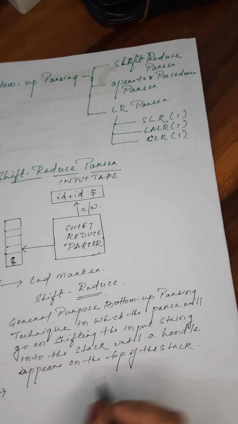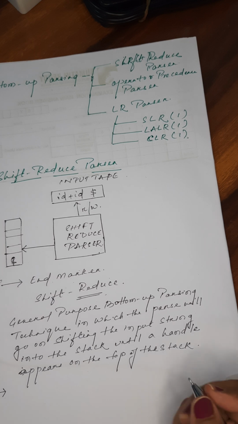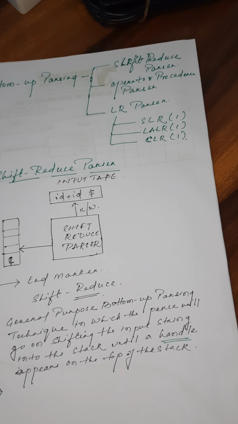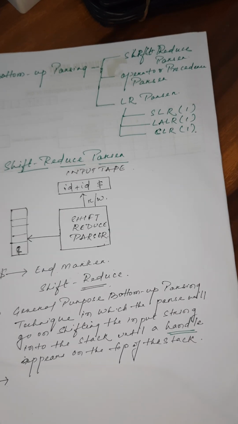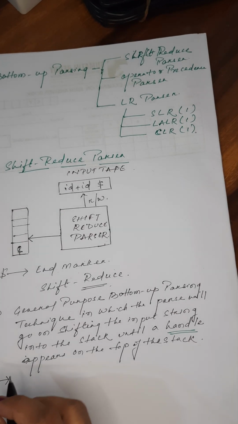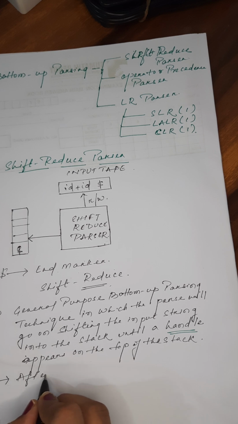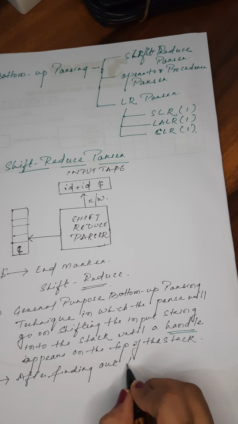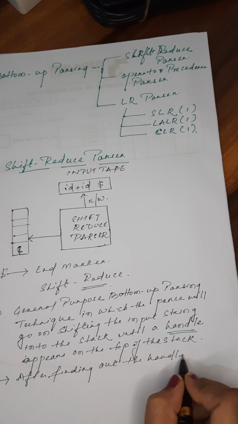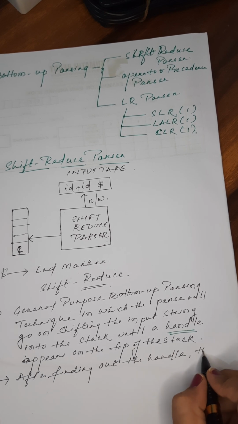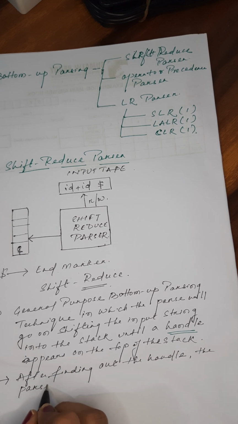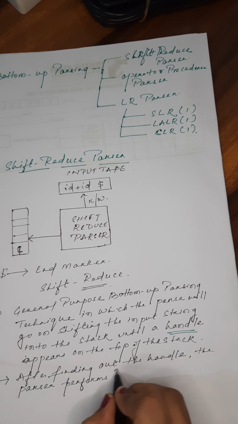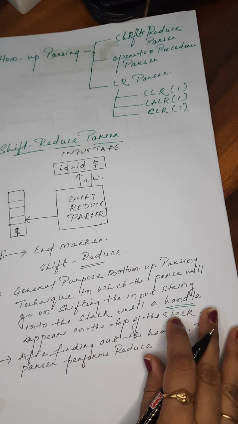So what will happen next? I have already explained in my previous video, bottom up parsing moves around your handle. So it's a very important concept in your bottom up parsing. Now what will happen? After finding out the handle, the parser performs the reduce action.